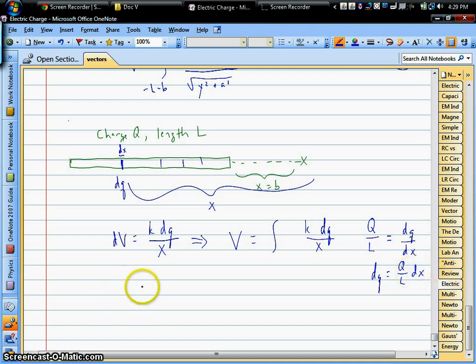So check out what this looks like. We're going to substitute in our new expressions. So we have our constant, charge over length, times dx all over x. Now we need the right limits on this.